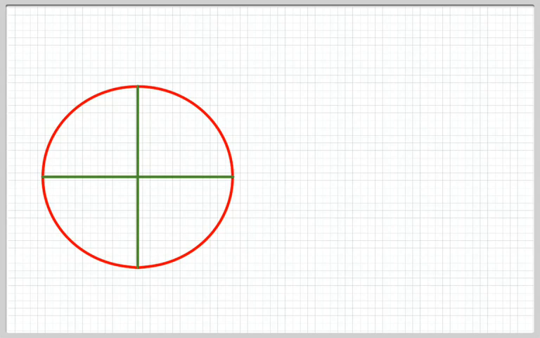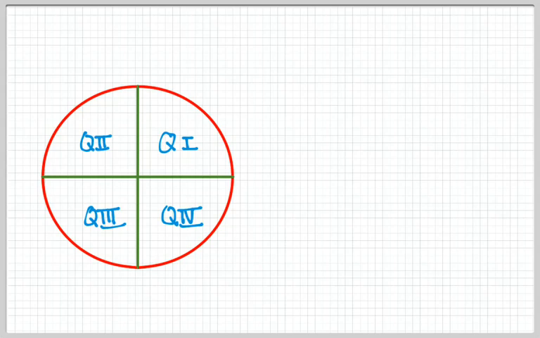So kind of like Algebra 1, we learned our quadrants. You have the same thing here. The quadrants operate the same way. Quadrant 1, we move counterclockwise, 2, 3, and then 4. And since we are dealing with a unit circle, what's my radius?